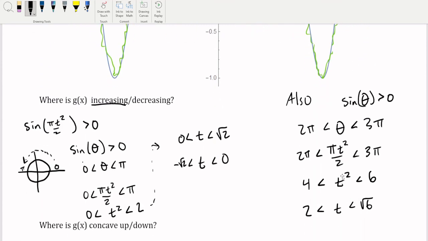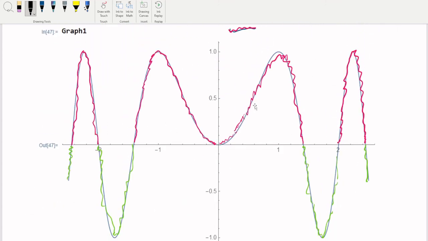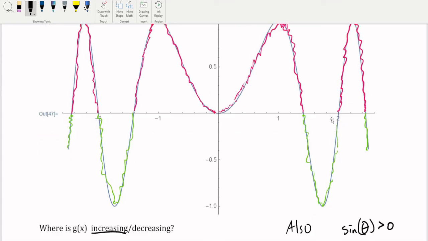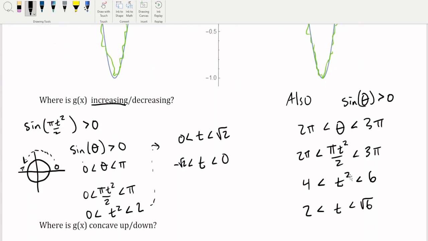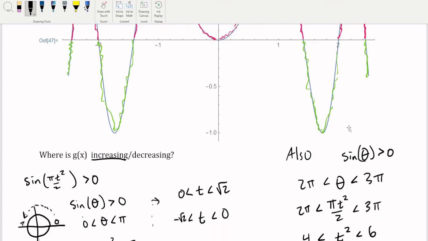Now, what's pretty interesting here is you might have expected this range of increasing to continue with the same thickness, the same picture, to just keep going. But because of this square piece, as we move out in t's, this stretch of us increasing is actually getting smaller, which is kind of cool.